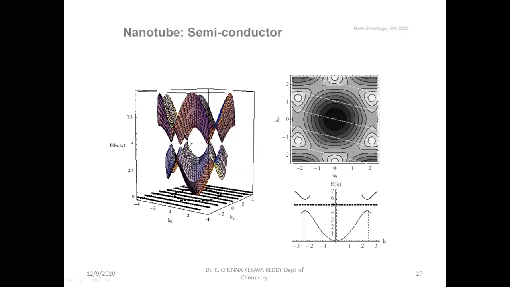It is a simulated diagram. Just see that there is a small gap between VB and CB. This is semiconducting. For metallic, definitely there won't be any gap. These two will be merged. There won't be any gap between VB and CB.